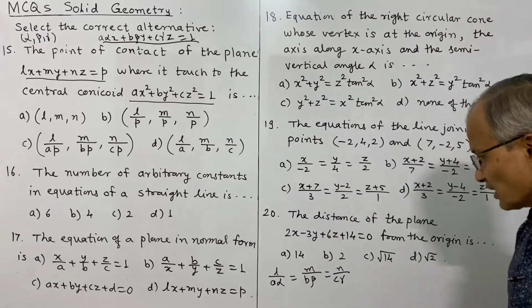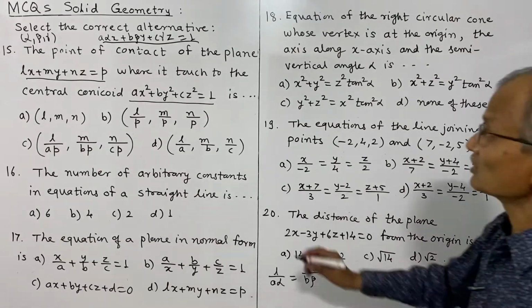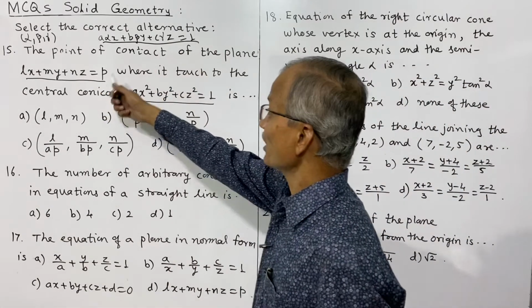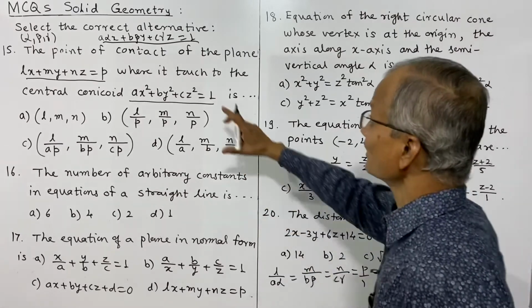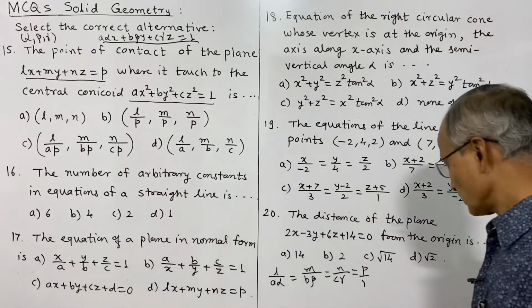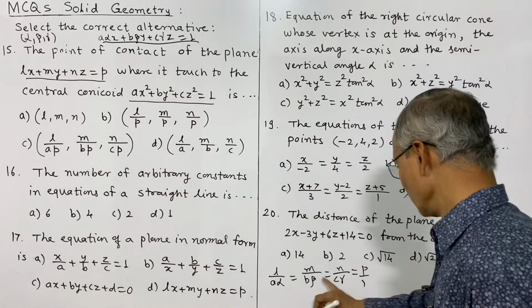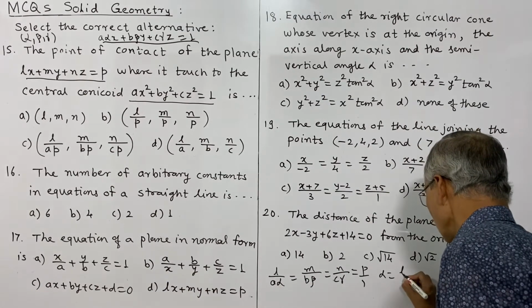And from this, what is alpha? Comparing these two tangent equations, this is equal to P upon 1. And from this what we shall get is the alpha value is L upon AP. So alpha is L upon AP.